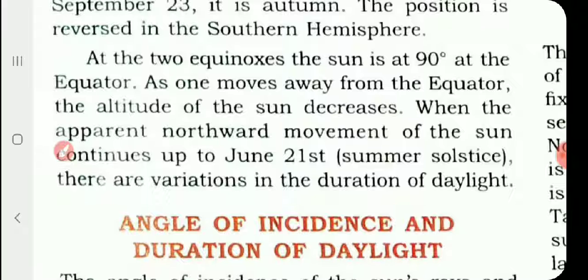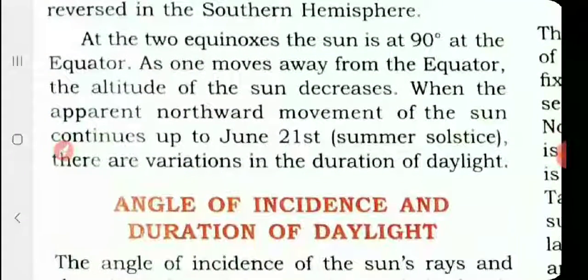This is because of the apparent movement of the earth, one of the important effects of the revolution of the earth around the sun. Is it clear for you, my dear students? You have to read it and understand very clearly what you mean by equinoxes and what you mean by solstices.